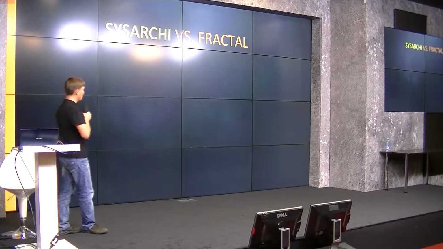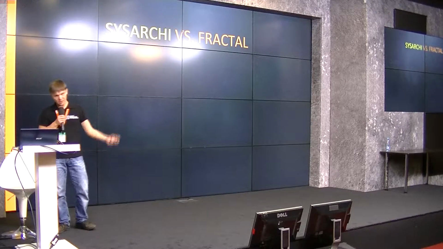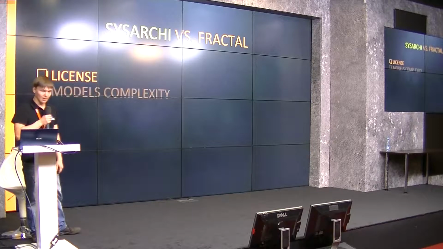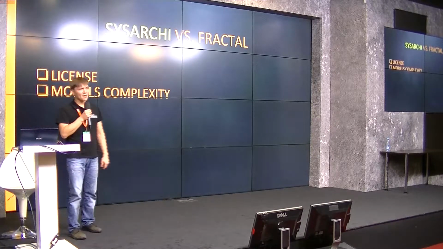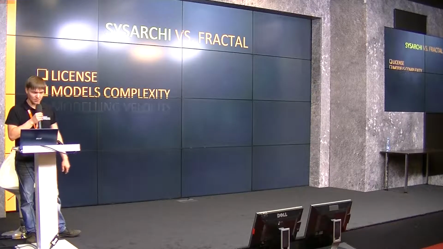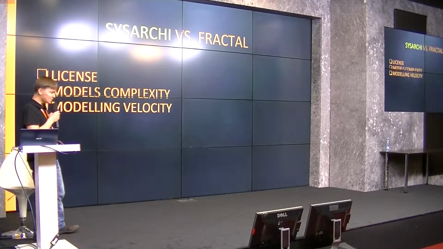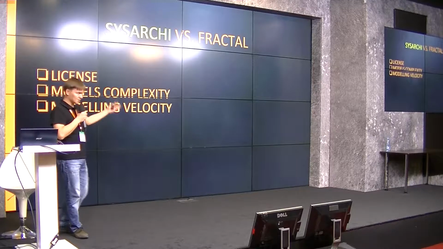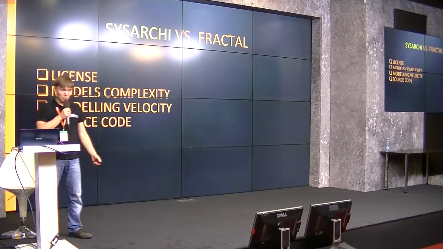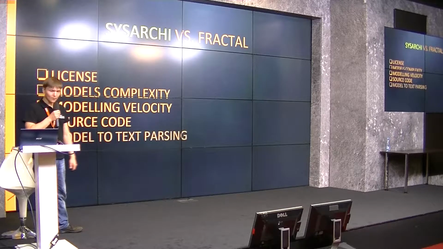And if I compare fractal solutions versus SysArchi, I can compare license with license. SysArchi is free. Model complexity, it covers like 10,000 objects and relations. It's pretty enough for most projects. Modeling velocity drops as the model is growing, but we can live with that. And the source code is open.